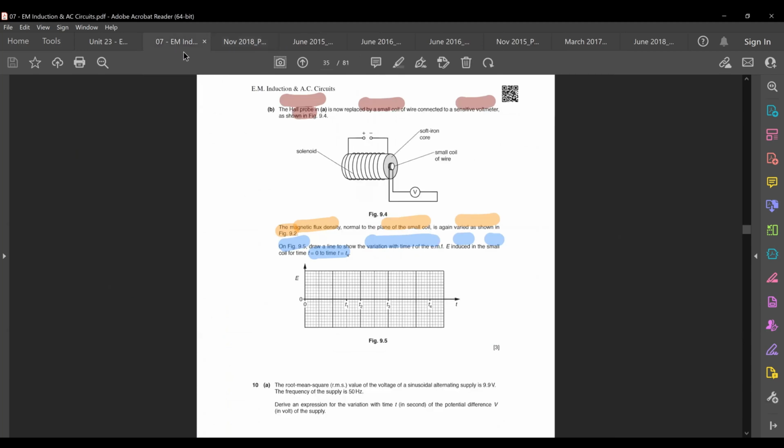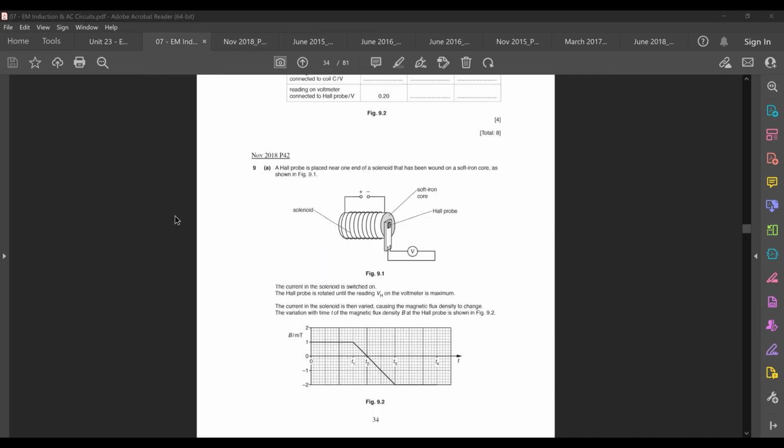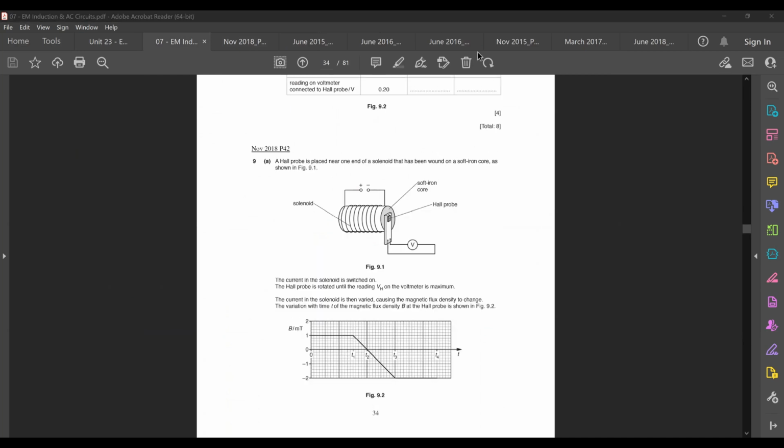Before I explain why it is the gradient again, let me go through some parts of your question. In your case, you had a solenoid, or rather a coil like this. This is your coil. When current ran through your circuit, you produce a magnetic field that looks like this.